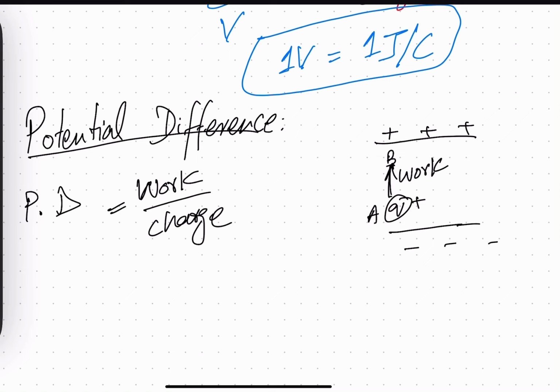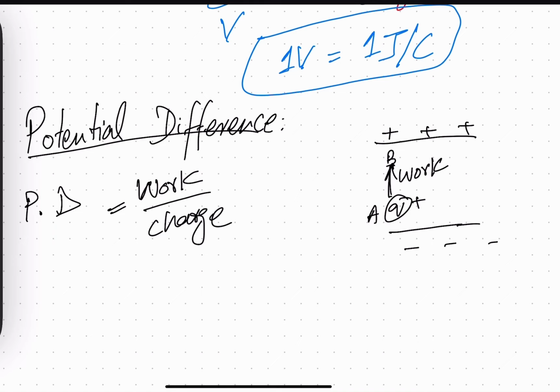Okay, so there is a difference between the EMF and potential difference. EMF was energy provided per unit charge. So EMF was a source. When you provide energy to something, that will do some work. The work done as a result of that energy will create a potential difference.